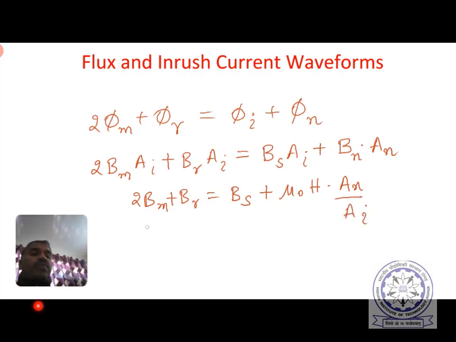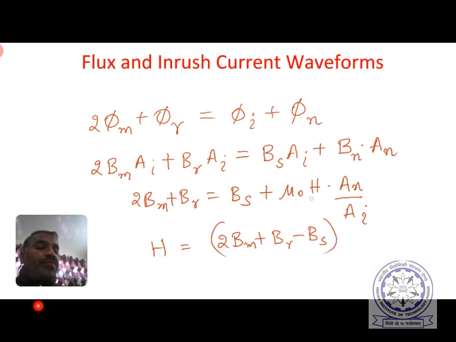From this, the value of H can be estimated as (2 Bm plus Br minus Bs) into Ai by mu naught An.